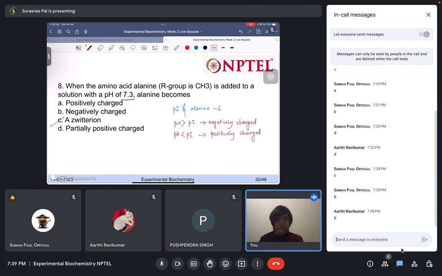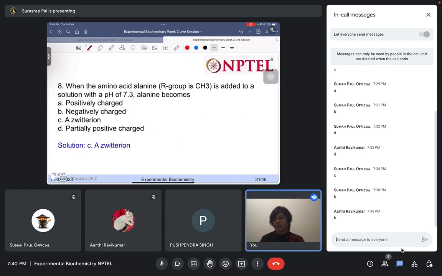Only when the alpha amino group loses its proton, right? Then only the charge change from 0 to -1 will occur. So at pH 7.3 this change does not occur, which is why alanine at pH 7.3 will remain as a zwitterion only. Is that clear? So the correct answer is a zwitterion.